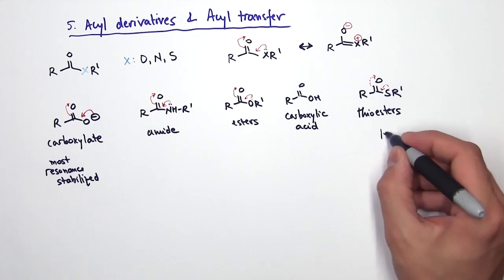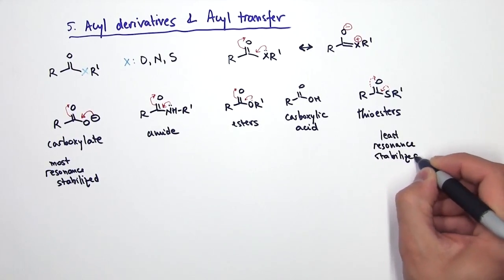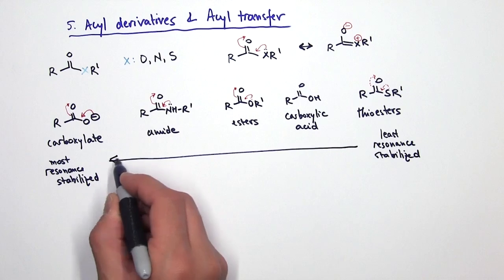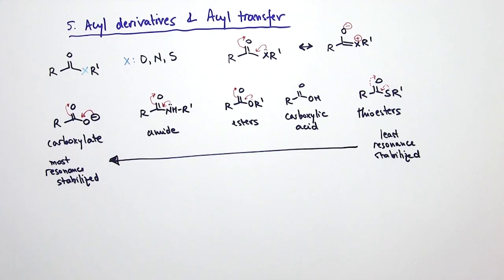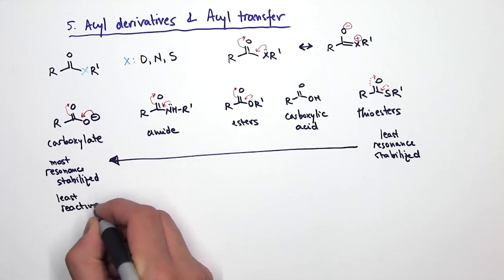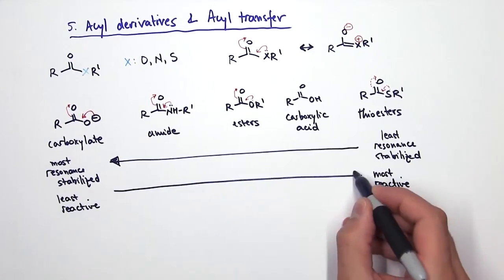So therefore, thioesters are the least resonance stabilized, and this is the trend. And this trend inversely correlates with the reactivity. Carboxylates are least reactive, whereas thioesters are the most reactive.